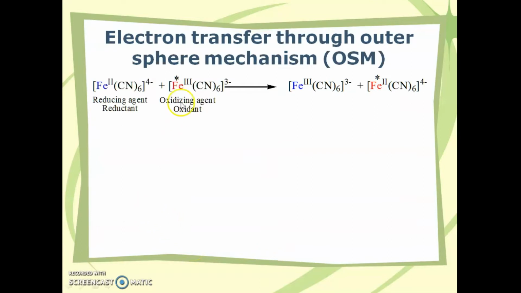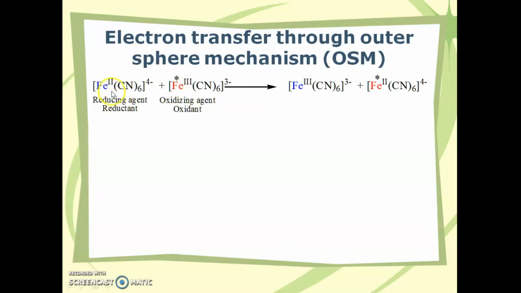So we will see an example now for the electron transfer reaction that occurs through the outer sphere mechanism. Here the cyano complexes of iron in two different oxidation states are taken: iron in 2 plus oxidation state and iron in 3 plus oxidation state. The Fe2+ acts as a reducing agent or reductant. The iron in 3 plus oxidation state acts as an oxidizing agent or oxidant.